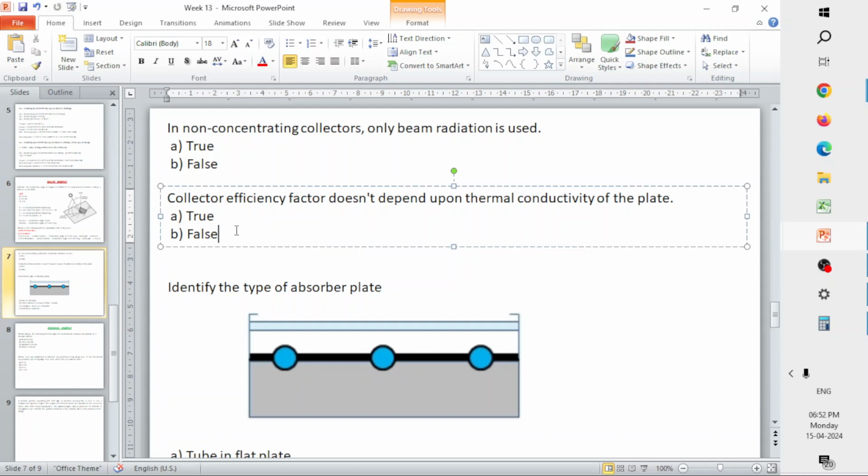If you remember in the week 2 lecture, when we were discussing the design equations for the non-concentrating collectors, we described Qu in terms of Fr times Ap times S minus UL times Tpm minus Ta, if I am not wrong.